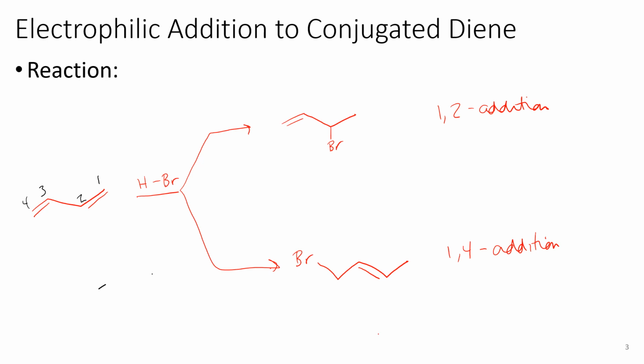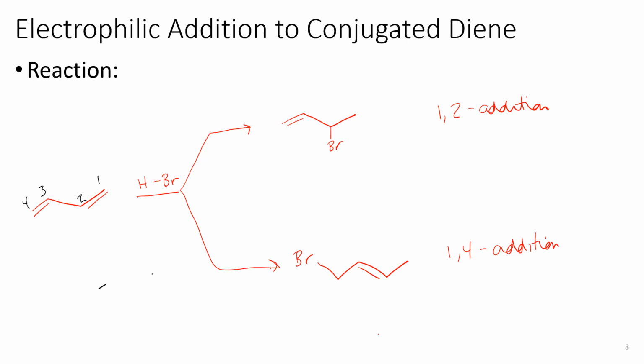So in this reaction, we add that initial hydrogen to position number 1, but then the second nucleophile is going to come in and attack at position number 4 instead of position number 2. And through that process, we see a change in the double bond as well. So you'll notice that now the double bond is between carbon atoms 2 and 3. So in our conjugated system, we will produce both of these products, the 1,2 addition and the 1,4 addition.